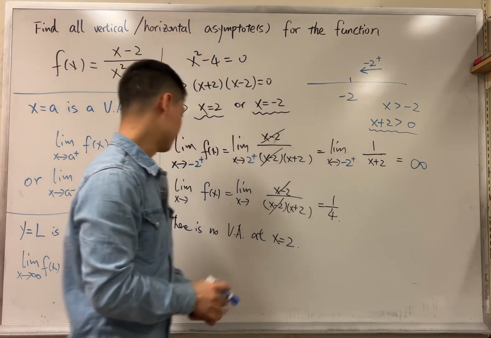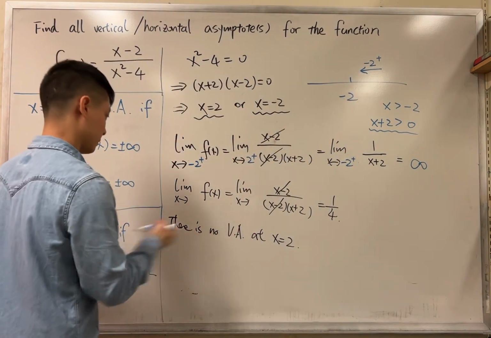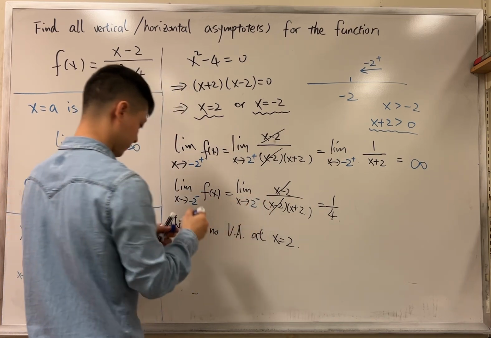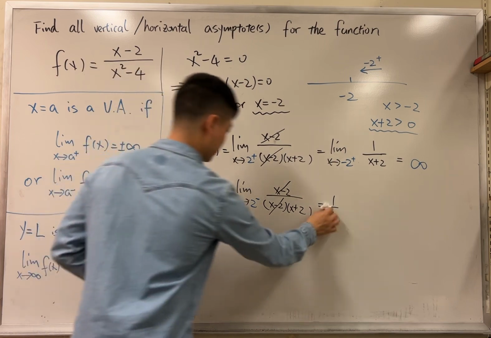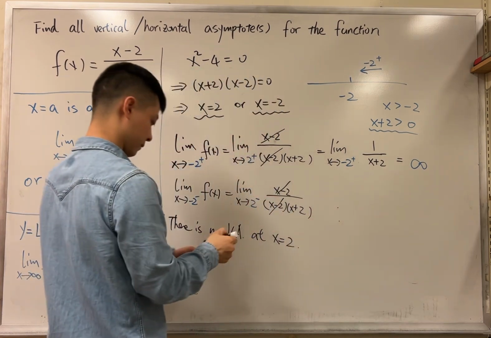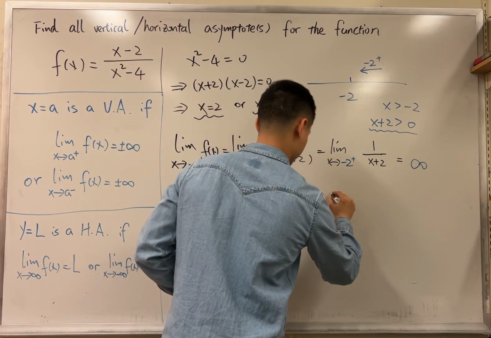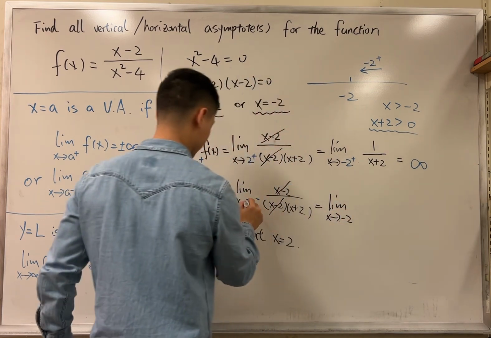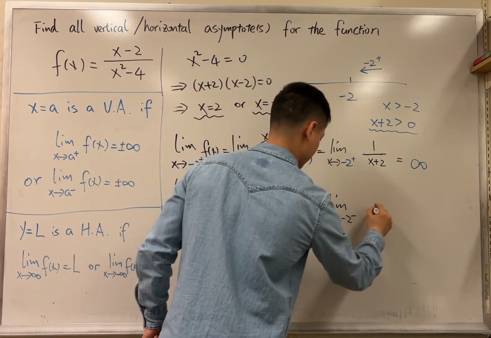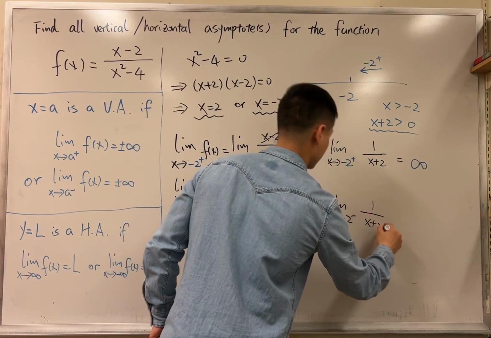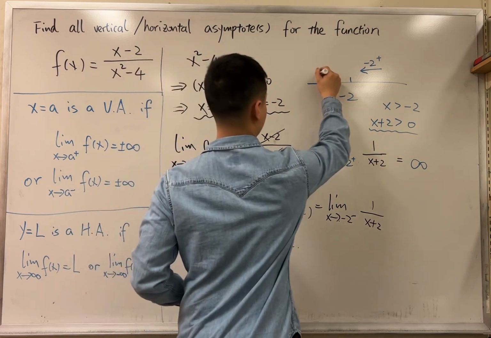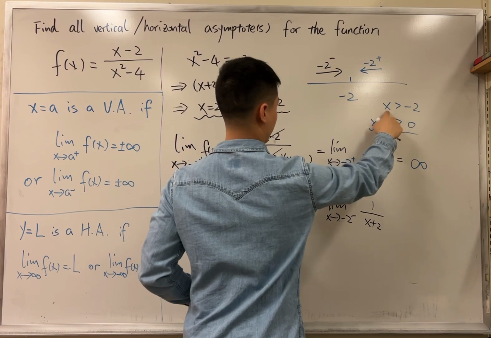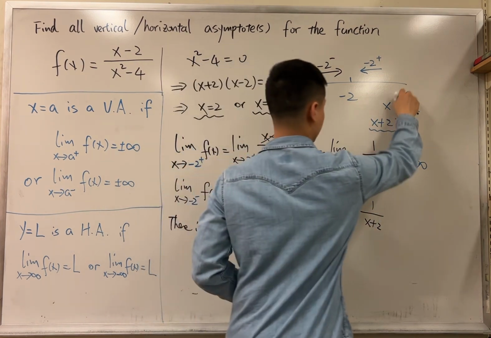And then similarly, we take a look at the limit as x approaches negative 2 from the left side. Okay, so we take a look at what happens. We approach from the left side. We're going to have x less than negative 2.